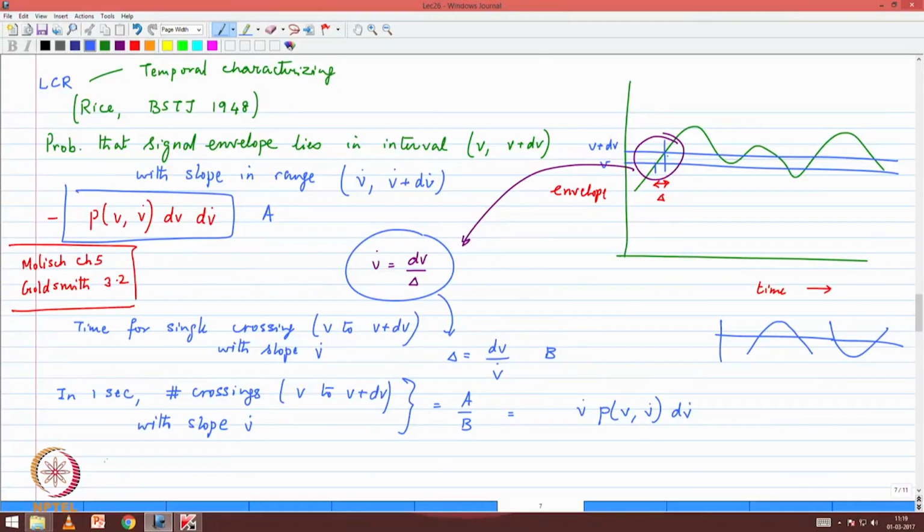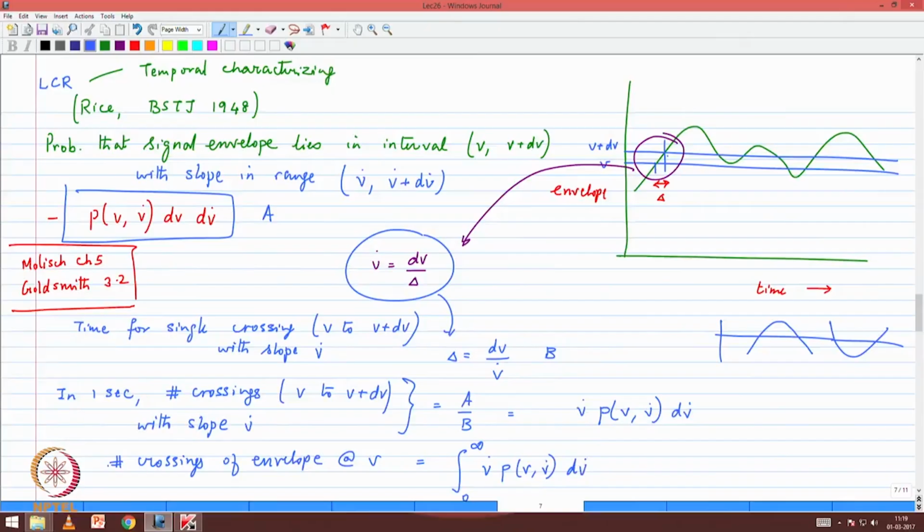Therefore the number of crossings of the envelope at a value V is given by the integral from 0 to infinity, since the slope can be completely flat or go very close to 90 degrees, of V dot P of V comma V dot dV dot.